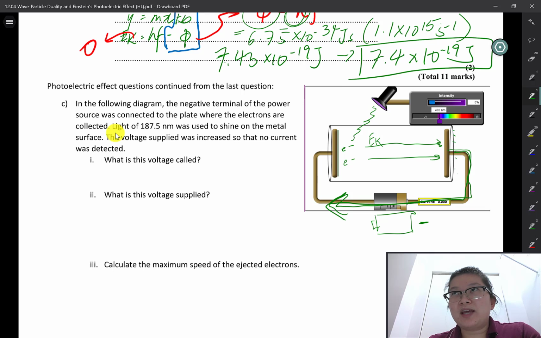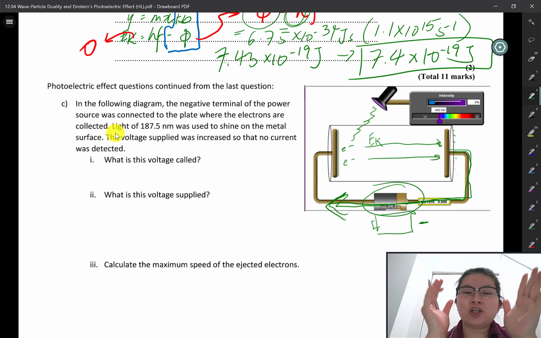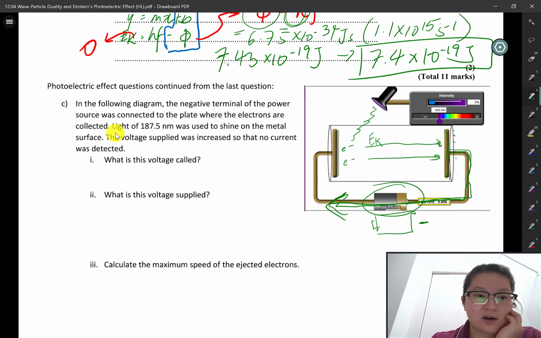And this electric potential is provided by this battery, whatever this battery reads. If the battery applies enough voltage, enough electric potential between these two plates, then these electrons may not move over to the other side, meaning as a result, no current will be detected in this wire, with no electron making it across. So that's the idea of what's happening here.